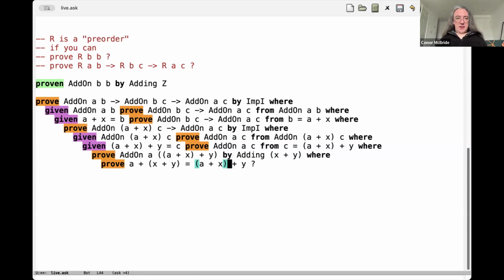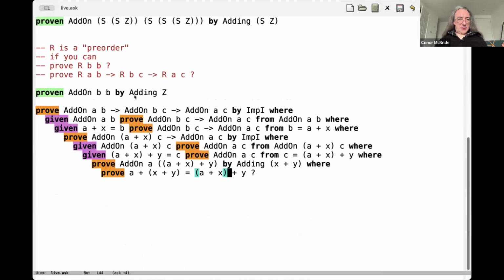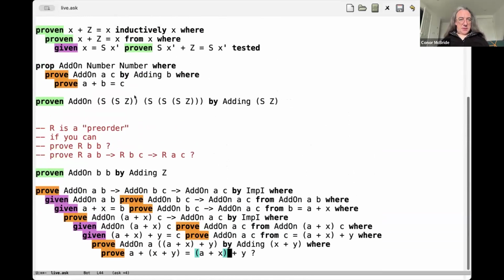So why don't I go and fish that out of somewhere else I've got stashed. So if I park that, oop, what's going on?